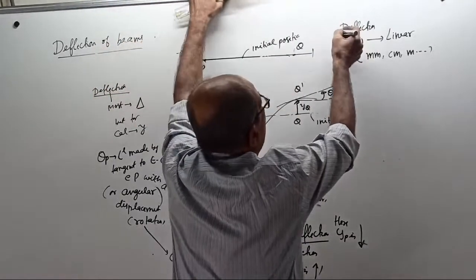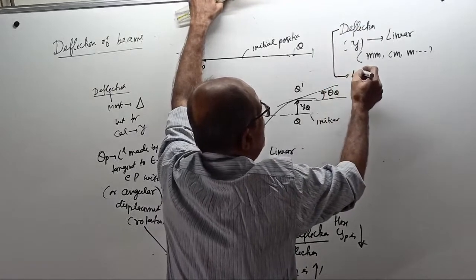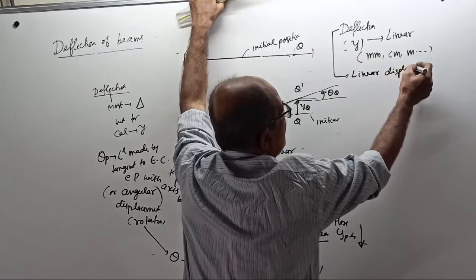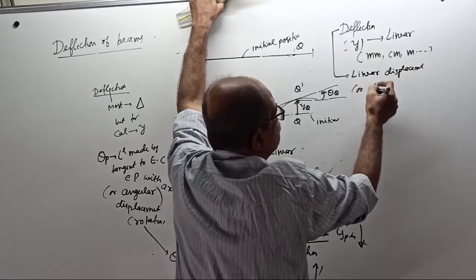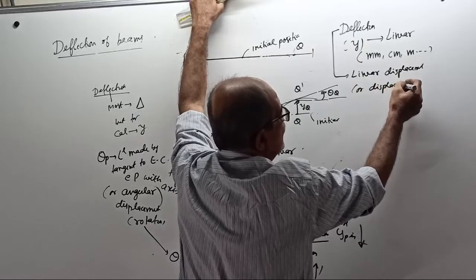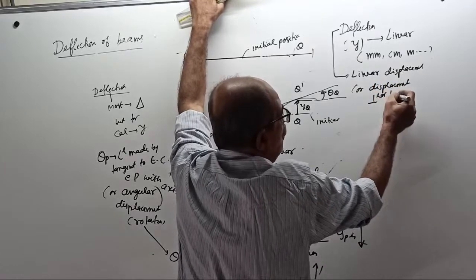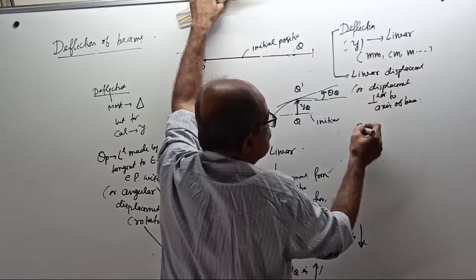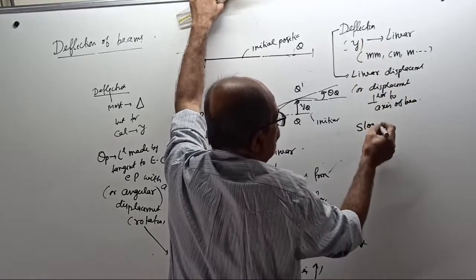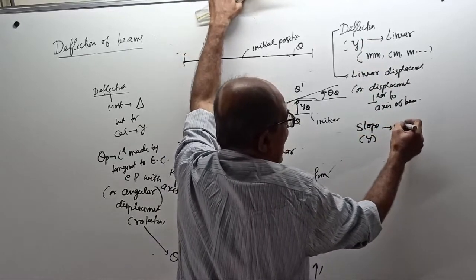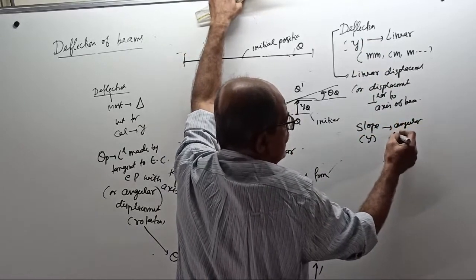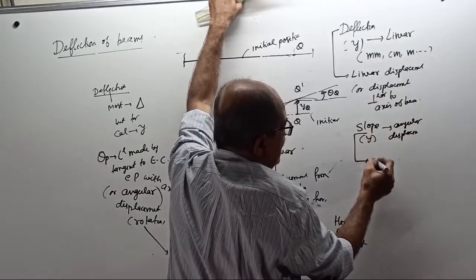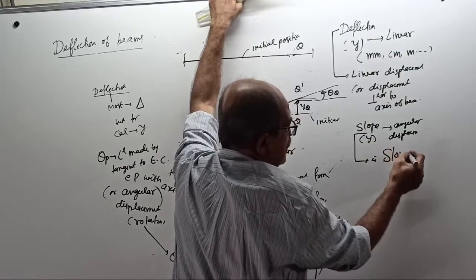So, deflection is always linear displacement, or displacement perpendicular to the axis of the beam. And slope, symbol theta, is called angular displacement, or most popularly slope.